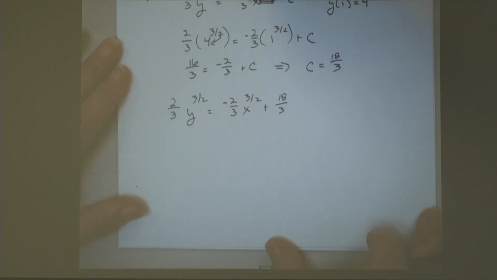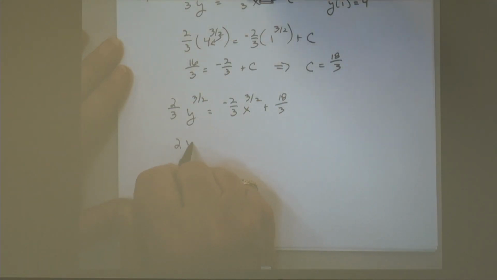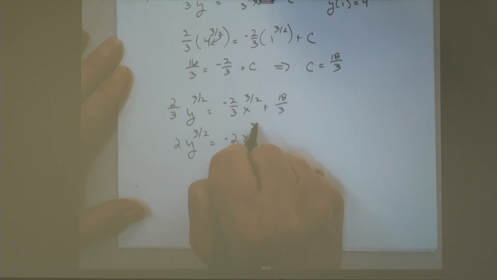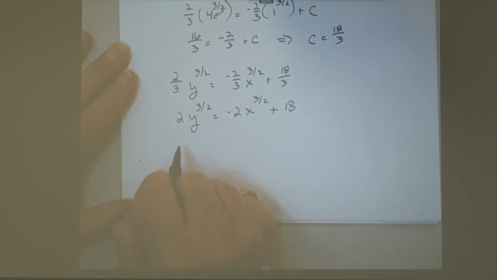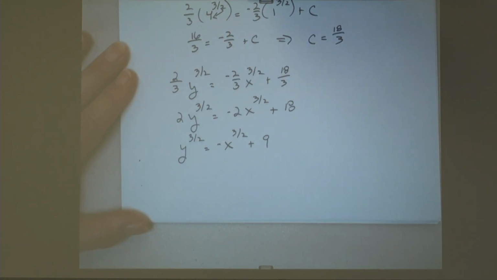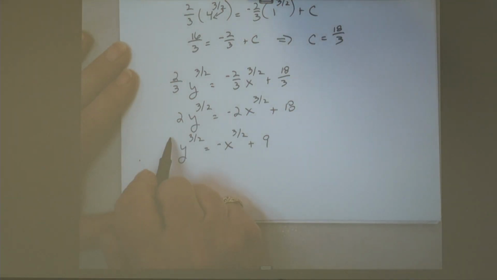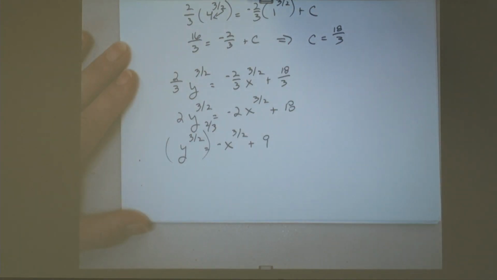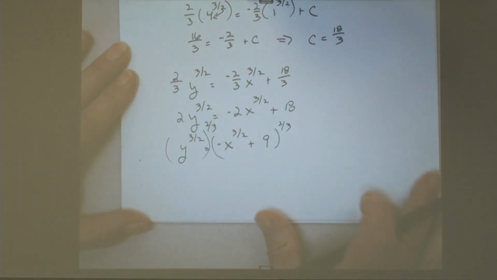I'm going to get rid of the 3. I'm going to divide everybody by 2. I'm going to raise this to the 2/3 power, and I'm going to raise all of this to the 2/3 power.